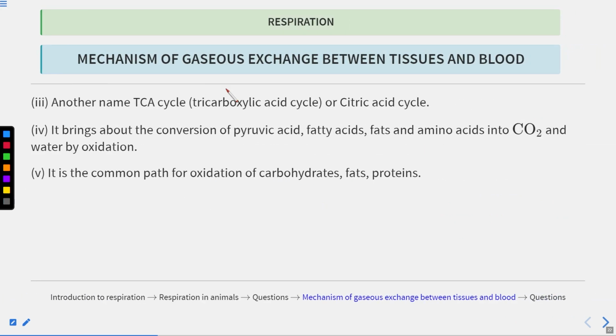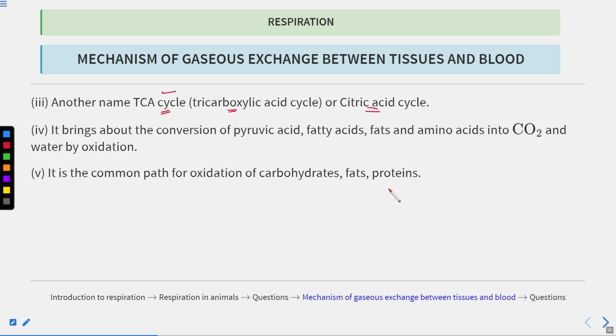Now, another name for the Krebs cycle is TCA cycle, tricarboxylic acid cycle, or citric acid cycle. Why is it called the TCA cycle? Because the first product formed here is the citric acid.